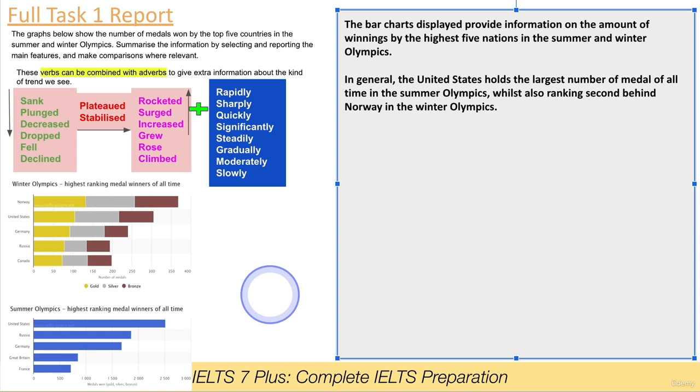In general, the United States holds the largest number of medals of all time in the Summer Olympics, whilst also ranking second behind Norway in the Winter Olympics.